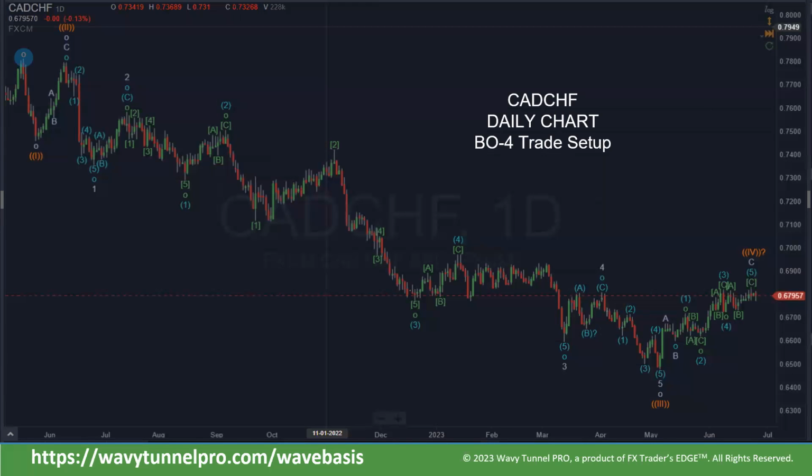I call harmonics the icing on the cake. Once you start to look for harmonic patterns, you will see them at the end of swing moves. It's really fantastic when you add harmonics to the mix.